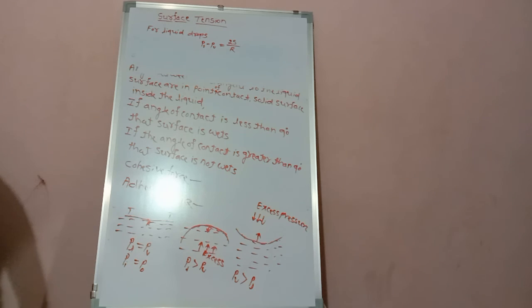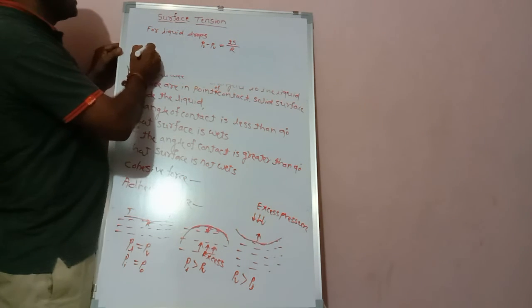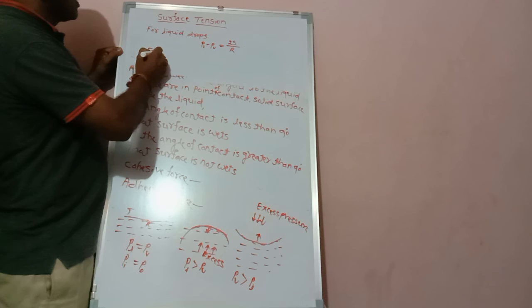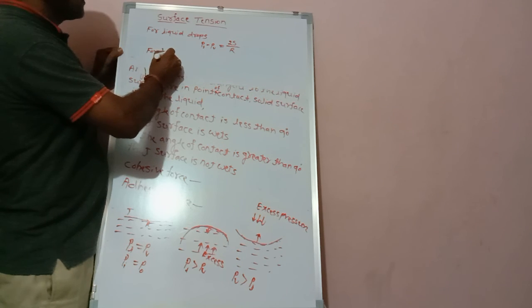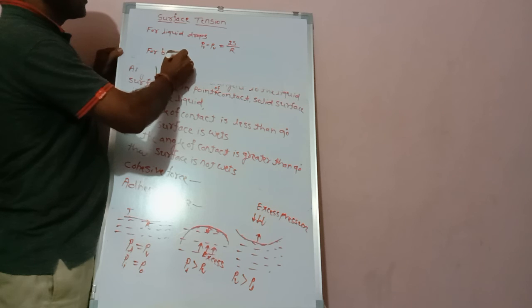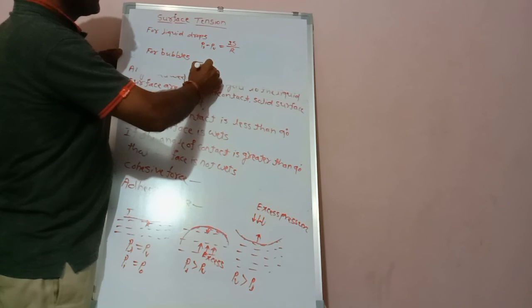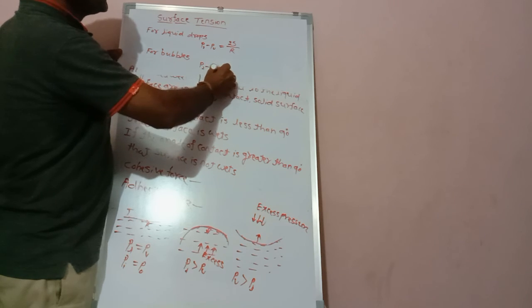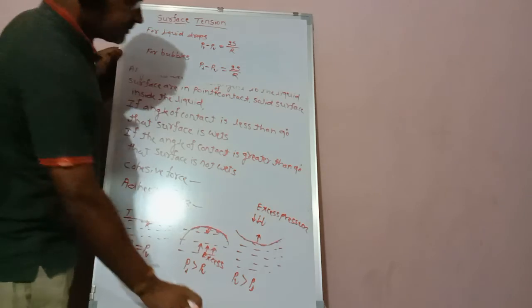And the next one is the excess pressure for bubbles, which is also 2S divided by R.